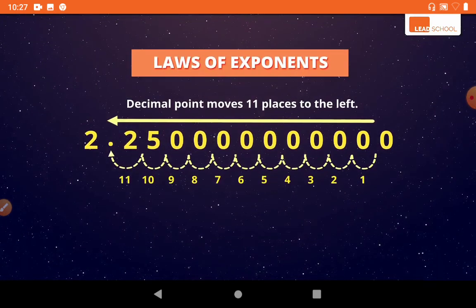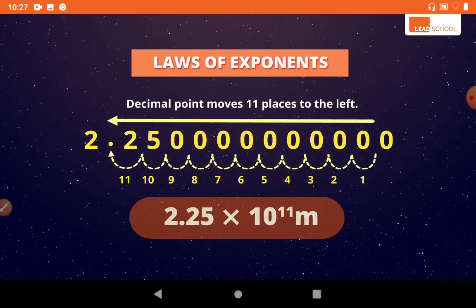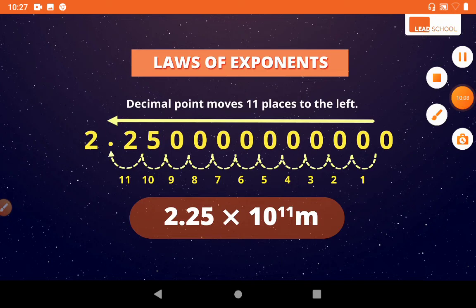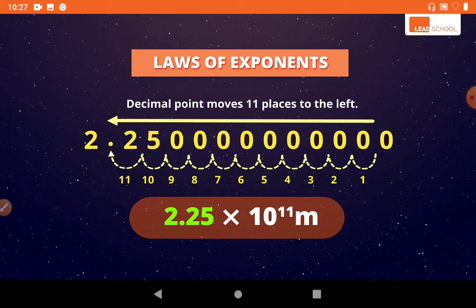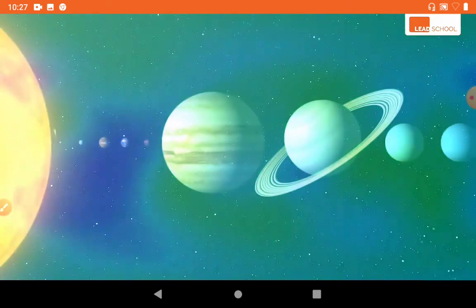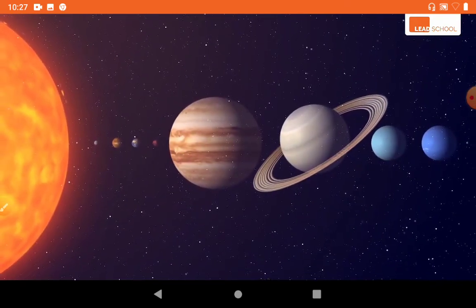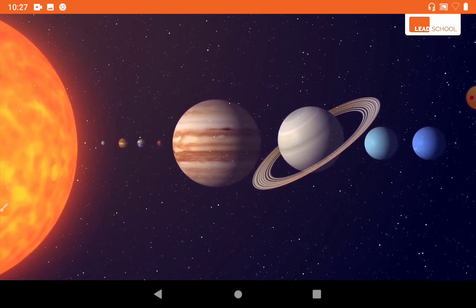Hence, the standard form is 2.25 into 10 raised to 11 meters. Can you see that 2.25 is between 1.0 and 10.0? And that is multiplied by 10 raised to the power 11. Most of the elements in outer space are very large, and hence their measurements need to be written in the standard form.